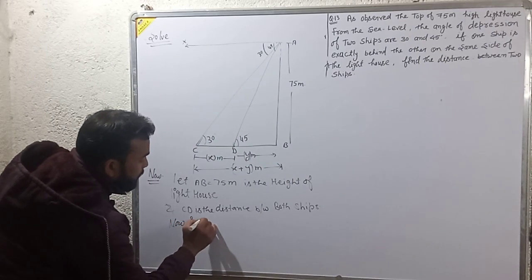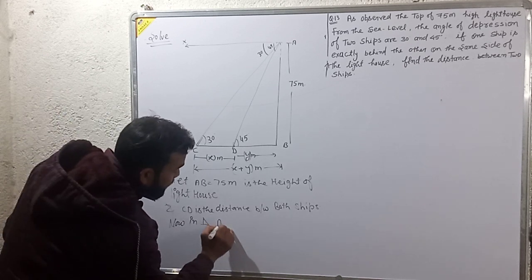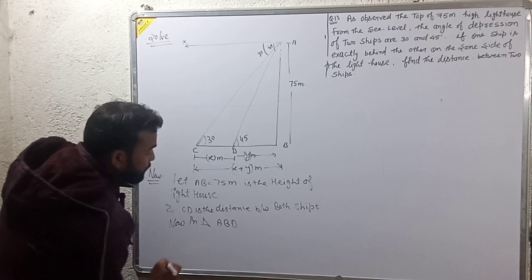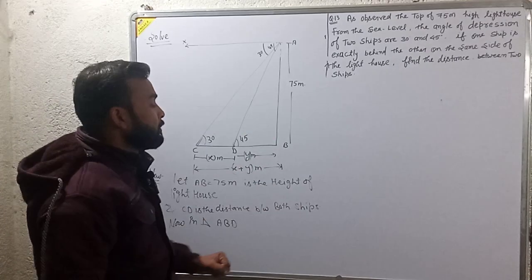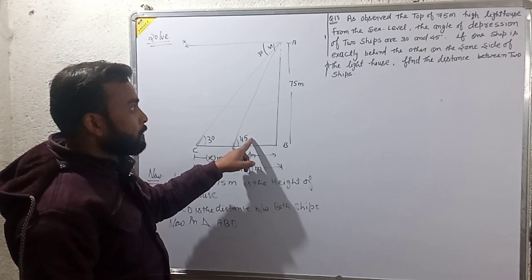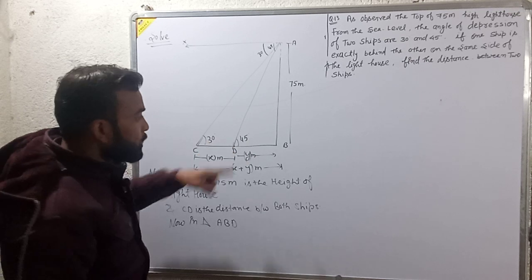Now in right angle triangle ABD, we have to find the relationship between y and 75. According to 45, this will be the perpendicular and this will be the base, and it comes in tan.